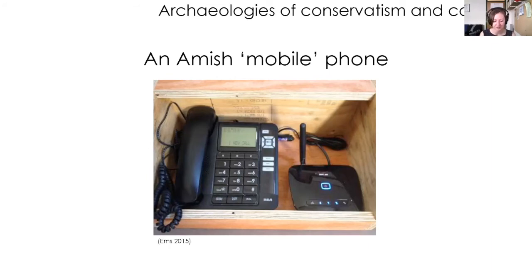Lindsay Ems found that Amish workers who contracted out for labor found themselves in need of a telephone, both to liaise with clients and to communicate with each other from far-flung work sites. But mobile phones were considered to be too disruptive. Instead, landline phones were retrofitted with attachments to interface with the cellular network and to be powered by a car cigarette lighter.